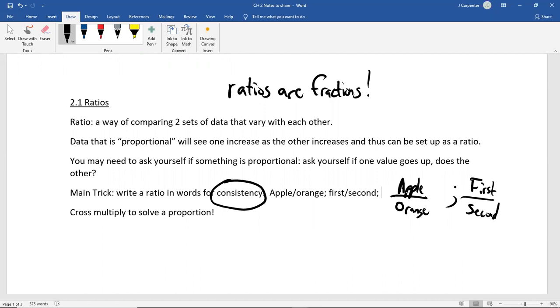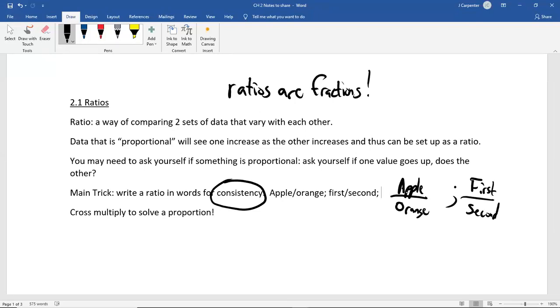That's perfectly fine because when they set up the rest of their proportion, they'll continue to do whichever they said they're going to do, apples over oranges or oranges over apples, and everything will be okay. Again, it's consistency that is key. Monday over Tuesday, week 1 over week 2, scenario A to scenario B, however you want to do those.